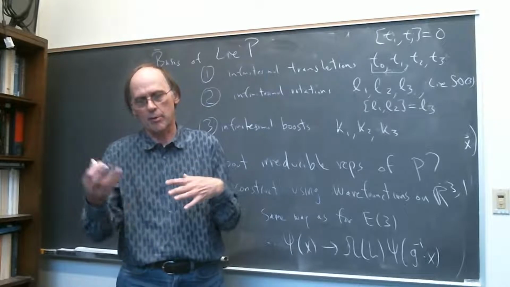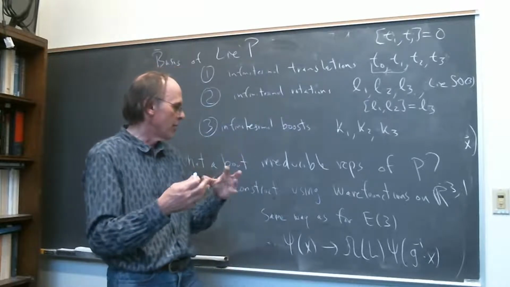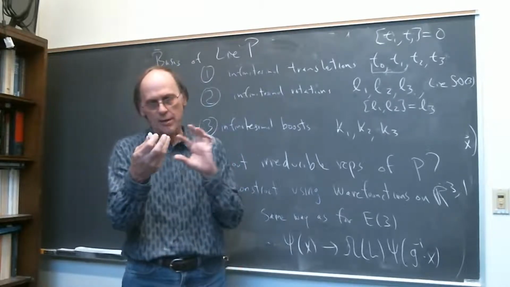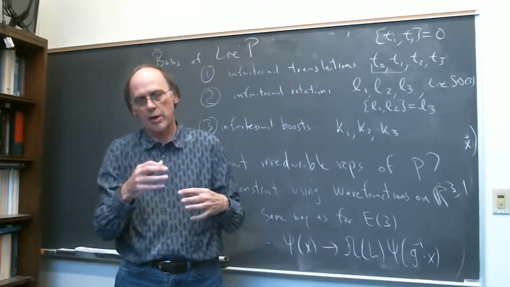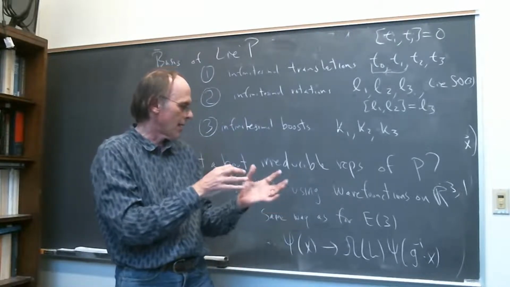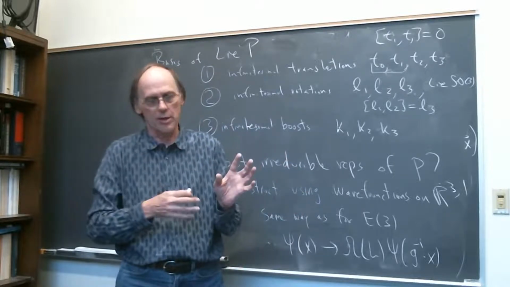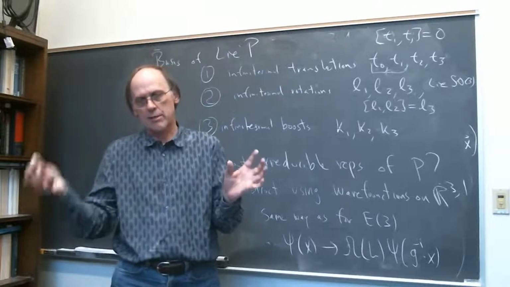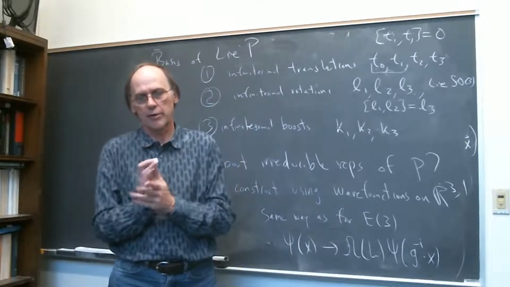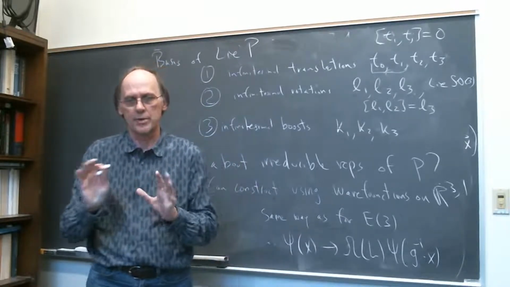So you had some operator acting on these things, and your operator was invariant under the action of E3, so that operator and the group action commuted. So you could look at the solution space of that operator, and that would give you the irreducible representations. That was kind of what you did.